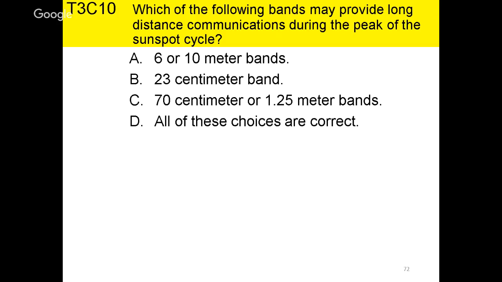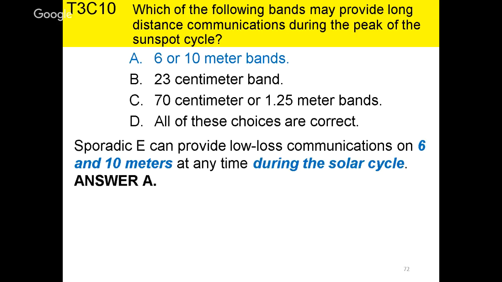But generally speaking, these cycles last for anywhere from 10, 11, 12 years to totally complete. At the peak of it, in the middle of that, for maybe 2 or 3 years, you have some really, really good communications. You can talk around the world using the 6 and 10 meter bands during the peak of the solar cycle.